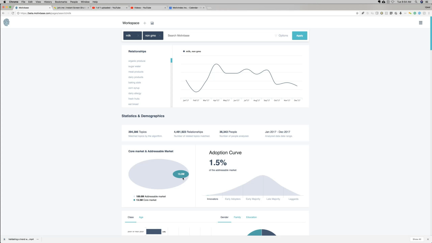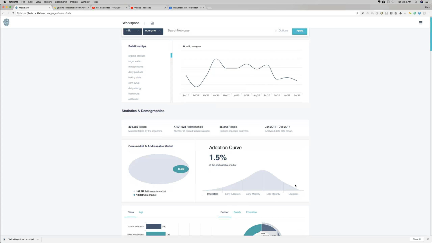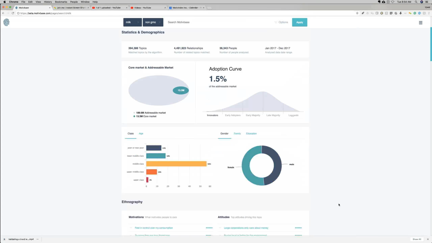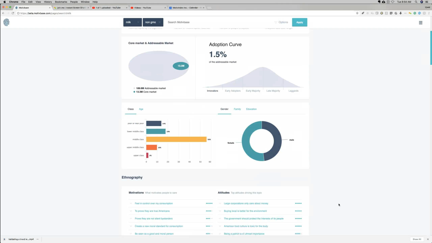But of course, today it's addressing about 13.5 million people as part of the core market. The other thing it's also teaching us is that it's very nascent in its adoption, only affecting about 1.5% of the addressable market today. And then, of course, as usual, it gives us a breakdown of the sociodemographics.